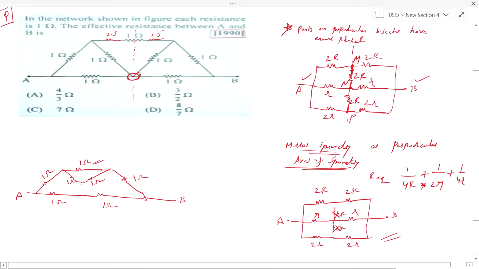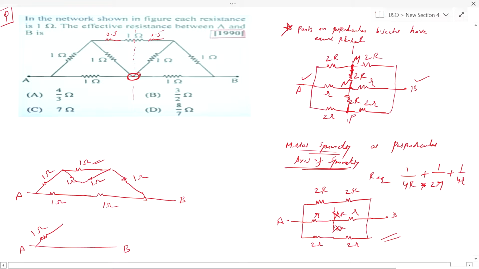But the connection at this point will be the same. So to solve this kind of question, just remove this line. There should be no connection. Now just solve it. I will give you more practice so you will understand it better. There are many questions coming. So this is 1 ohm.